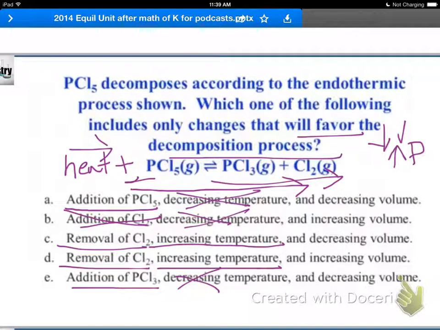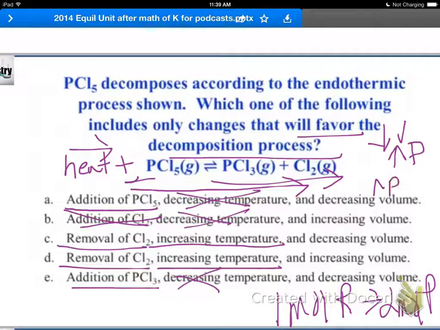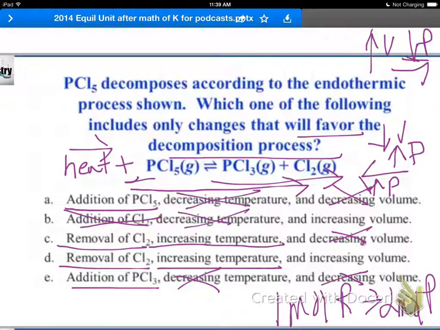Here I have 1 mole of reactant giving me 2 moles of product, right? So if I am decreasing volume, increasing pressure, I want to reduce the pressure. In order to do that, I'm going to shift left where I have fewer moles of gas. So that is not going to give me more product. But increasing volume decreases the pressure. I want to move in the direction that gives me more moles of gas, so I get more pressure. I will shift right. So my answer will be D.